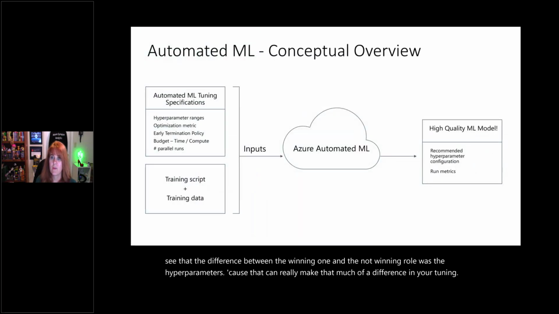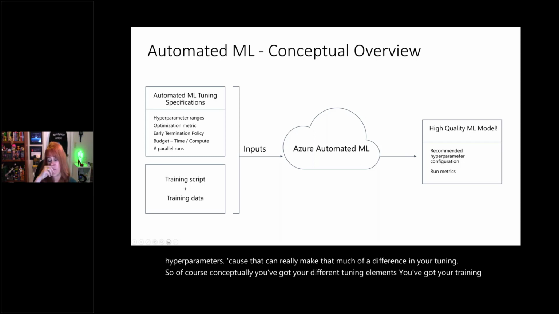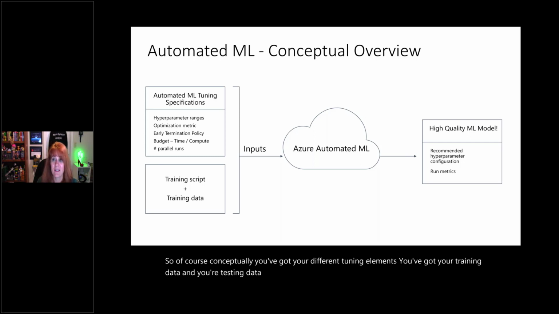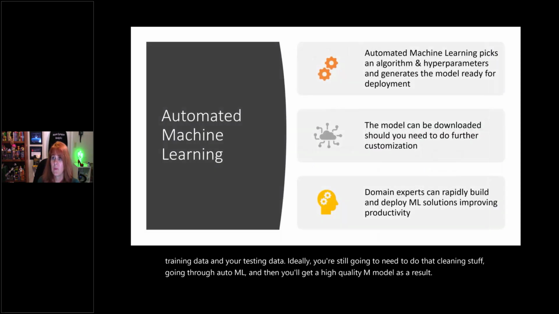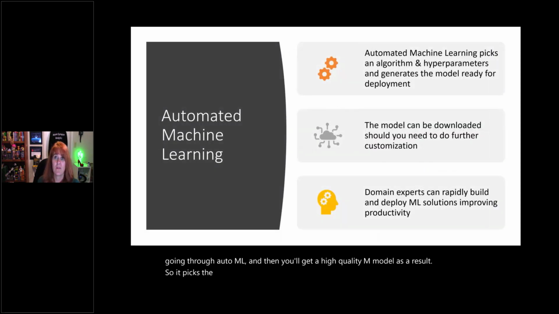So of course, conceptually, you've got your different tuning elements, you've got your training data and your testing data. Ideally, you're still going to need to do that cleaning stuff, going through AutoML, and then you'll get a high quality ML model as a result. So it picks the algorithms and the model. If you want to download it and tweak it more, you can.